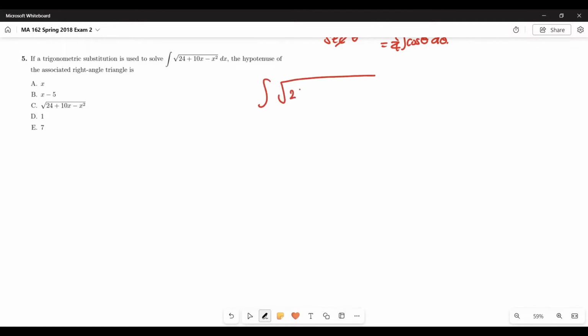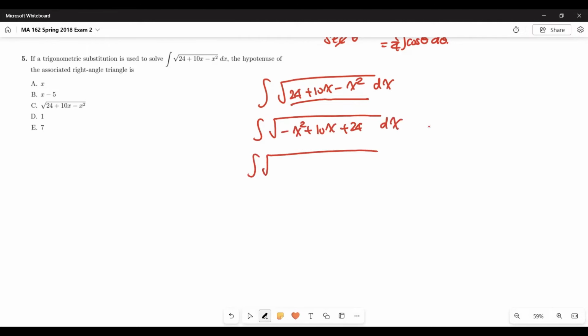You can change this square root by completing the square. So we're going to write this as negative x squared plus 10x plus 24 dx for our sake. And then we're going to group it by negative for x squared and 10x.